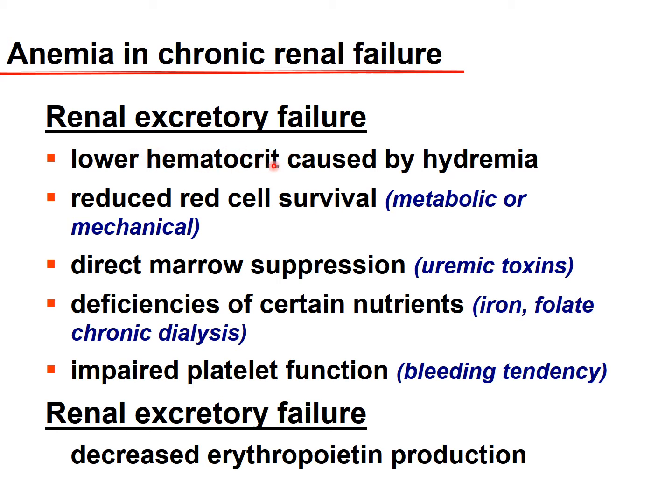This is why the hematocrit value will decrease. Another thing, because we are not excreting the waste products, this toxic material can reduce red blood cell survival. That can be metabolic or mechanical problems as well. Or the uremic toxins can suppress the bone marrow function.